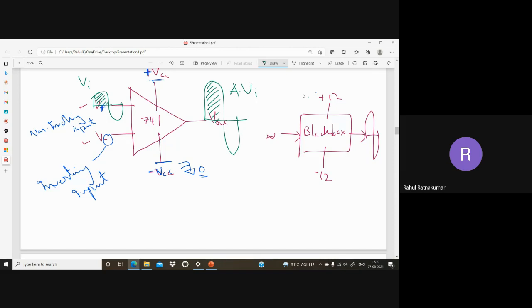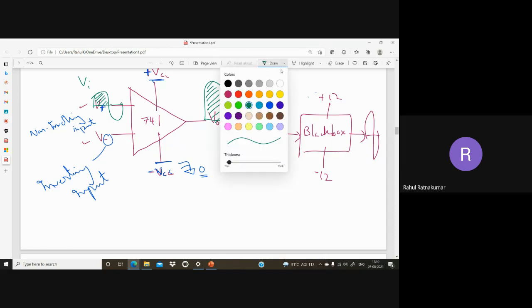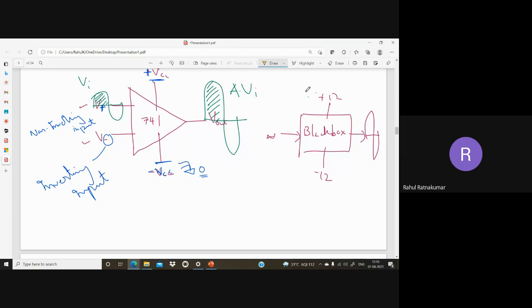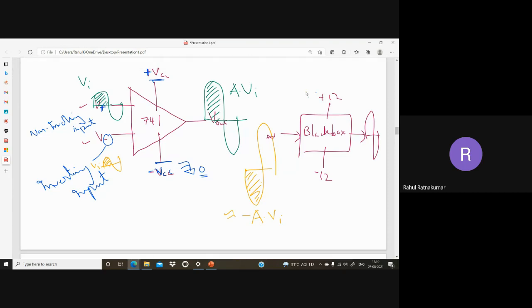But if we give the same thing at the inverting input, the output will be amplified but reversed. This was positive initially, and now it is reversed. So I call this approximately minus gain times input voltage VI. This is the difference between inverting and non-inverting input of an op amp.